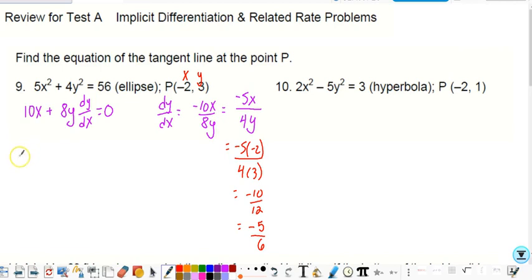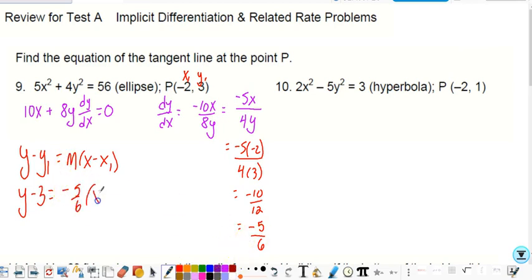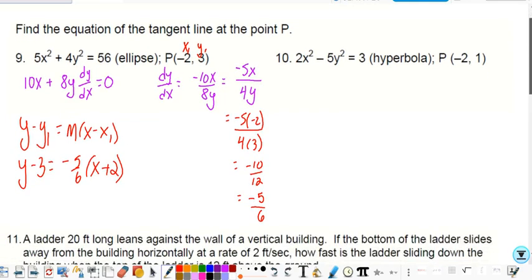So the equation of my tangent line, I'm going to use point slope form. Well, here's my x1 and my y1, and my slope. So that's point slope form.